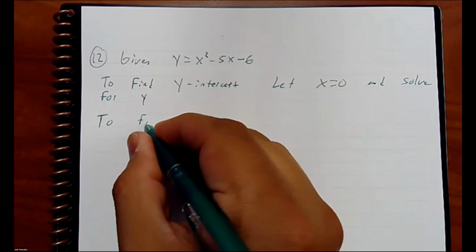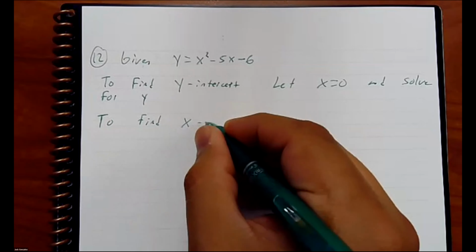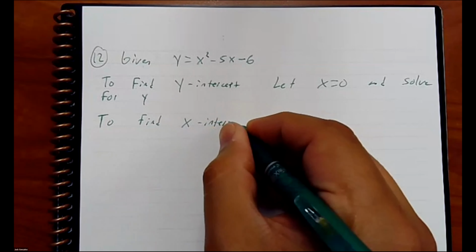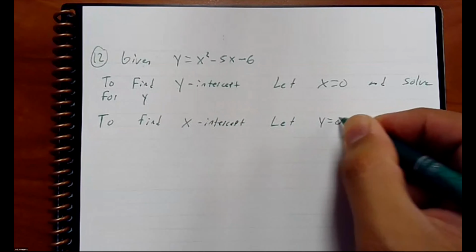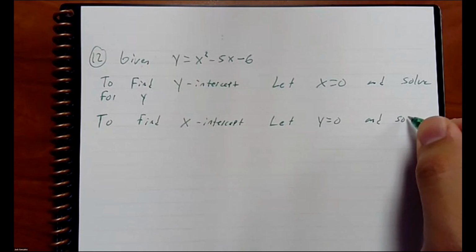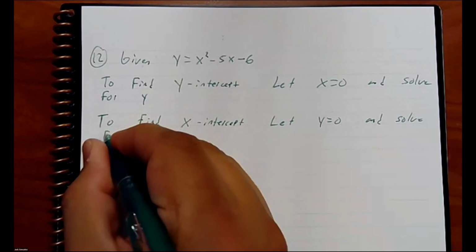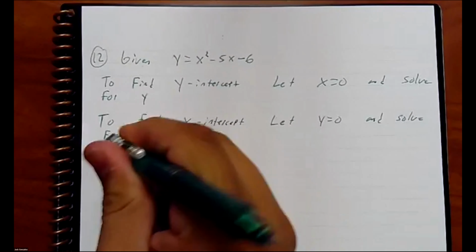To find x-intercept, let y equal 0 and solve for x. So let's do the y, that one's easy.